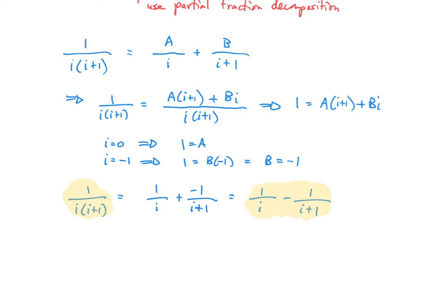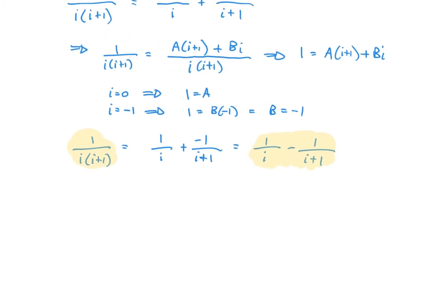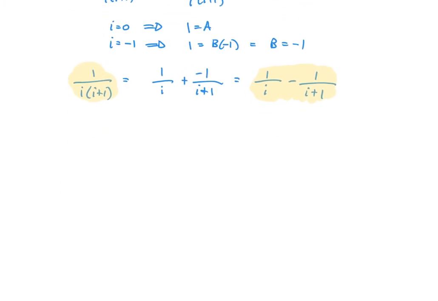Okay, so when I go to write my nth partial sum, Sn, what does that look like? Well, what's the first term going to look like? The first term is going to be 1 over 1 minus 1 over 2. What's the second term going to look like?